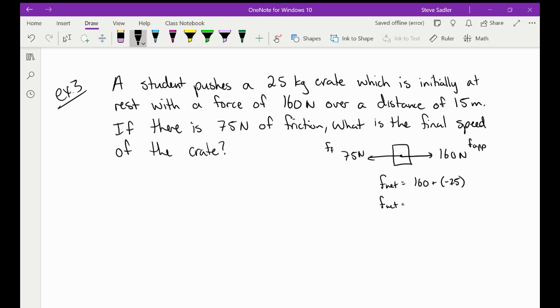So my net force is going to be 85 newtons. Perfect. The distance is 15 meters, and we know the mass is 25 kilograms.